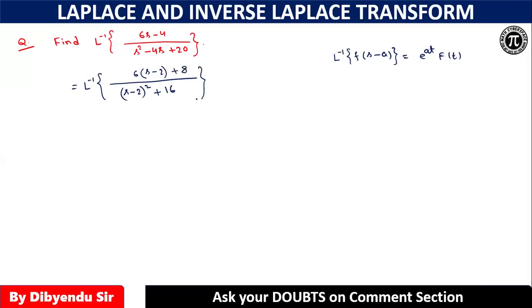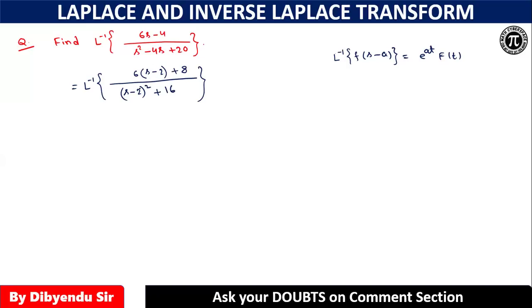Check it. From the numerator, you are getting 6s minus 12 plus 8, that means 6s minus 4. And from the denominator, you are getting s square minus 4s plus 4 plus 16, so ultimately s square minus 4s plus 20. Clear? So you can write in this form.